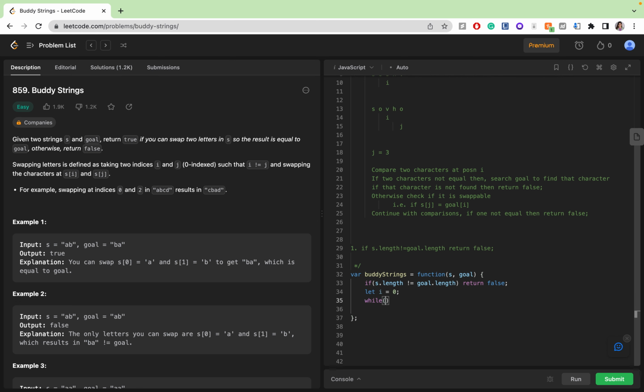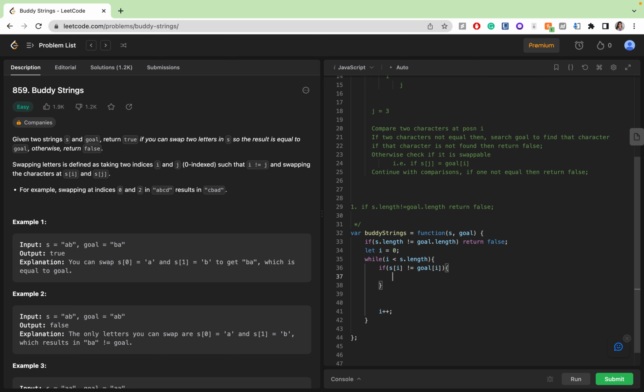And while I is less than that length, I have to continue doing that, right? If S at I is not equal to goal I, then what should I do? That is the question. So if it is not equal, then check if it is swappable.